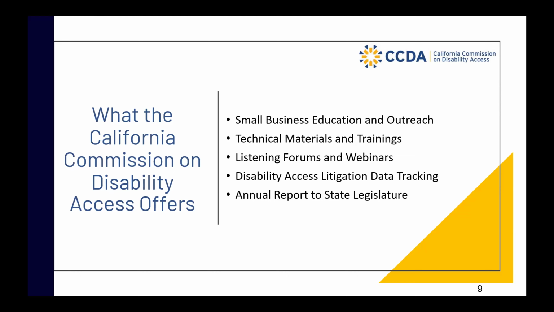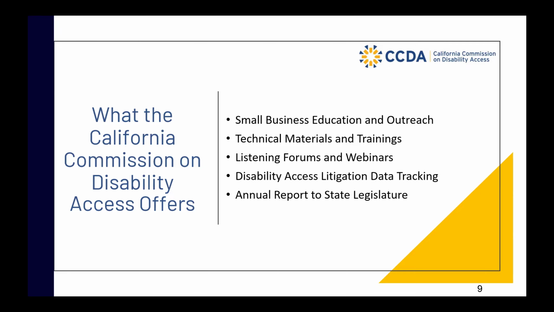The California Commission on Disability Access, or CCDA, was created by the state legislature in 2009 as a way to create a space that was not a courtroom to bring together all levels of government, people with disabilities, and the business community to brainstorm how businesses could better understand their obligations under disability access laws, and so that people with disabilities could better express what was happening when they would try to access businesses that were not accessible.